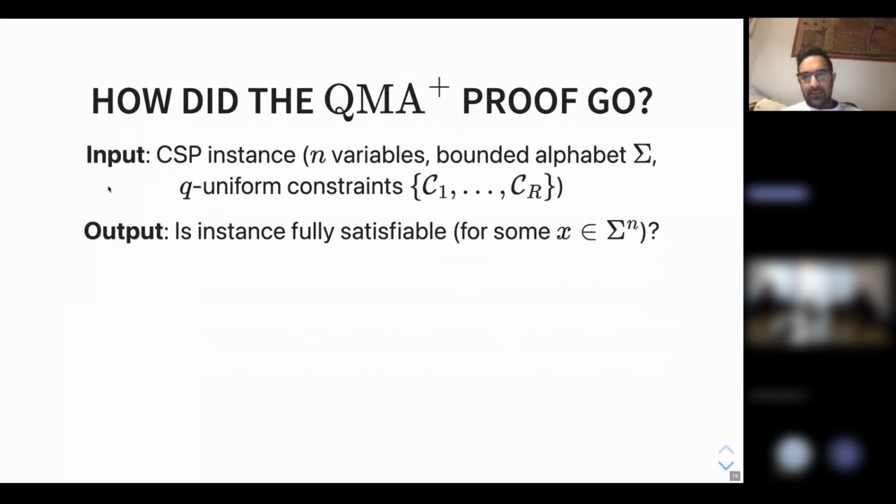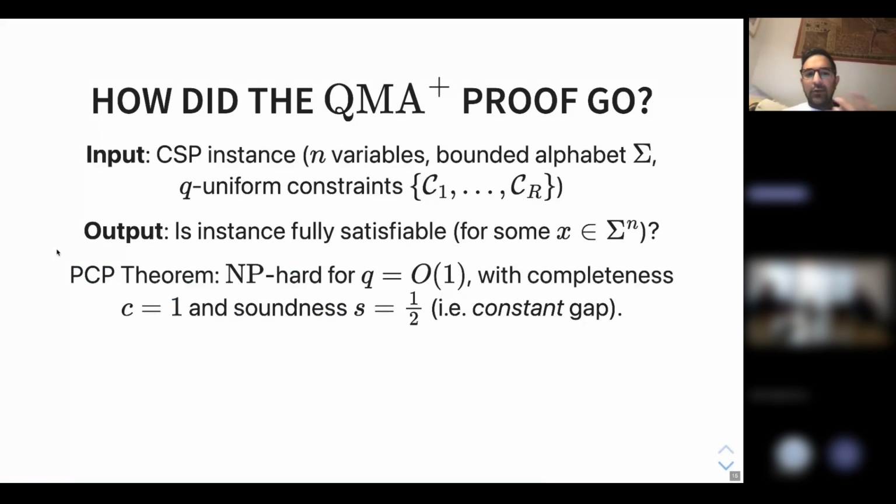So how did the QMA plus proof go? You start with a CSP instance, which is NP-hard, and you ask: is the instance fully satisfiable? You know from the PCP theorem that this problem is NP-hard even if you're asking whether it's satisfiable or only half satisfiable.